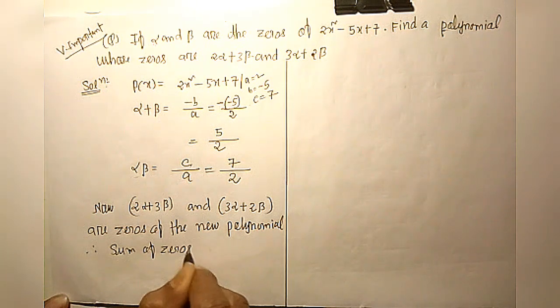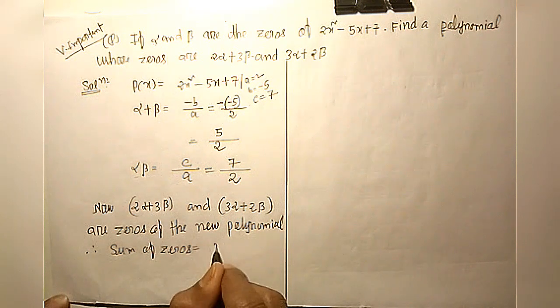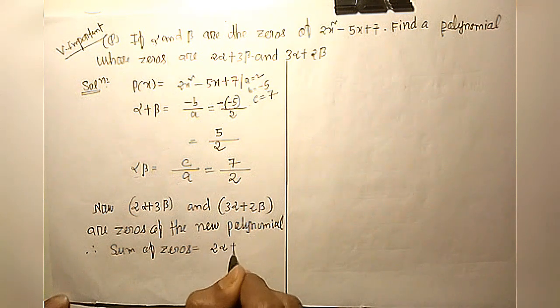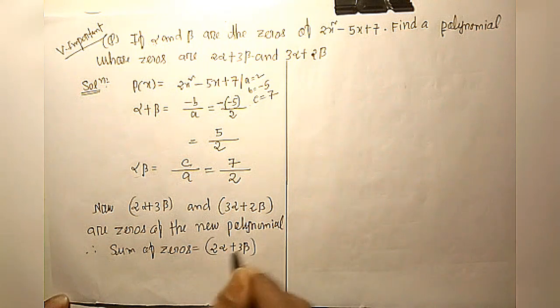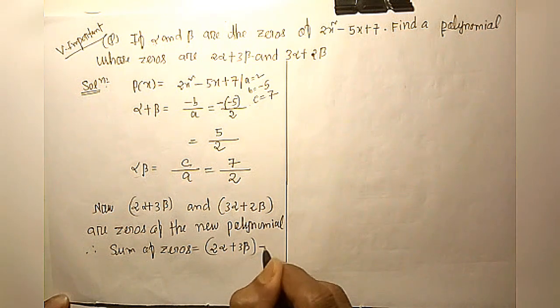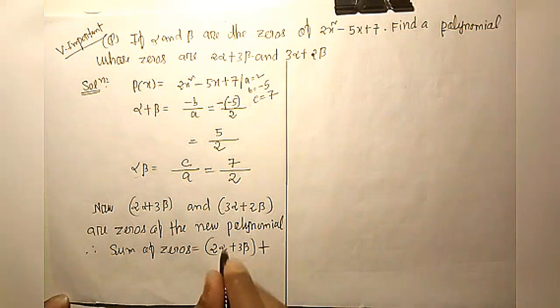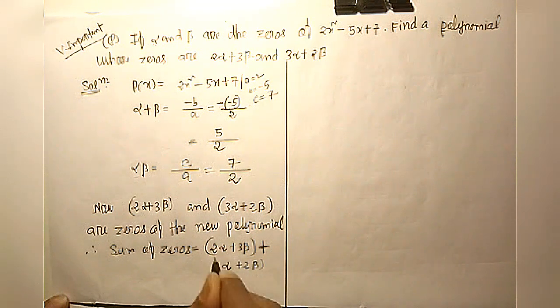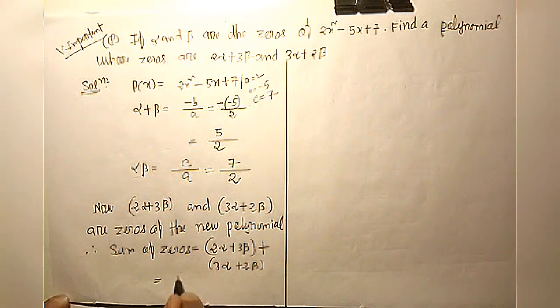So first of all we should find out the sum of the zeros. Sum of zeros equals 2 alpha plus 3 beta plus 3 alpha plus 2 beta, because we know that for finding the polynomial we should find out the sum of zeros and product of zeros.